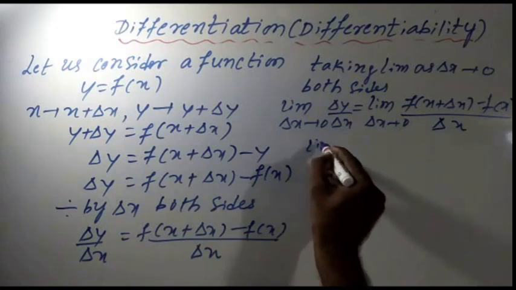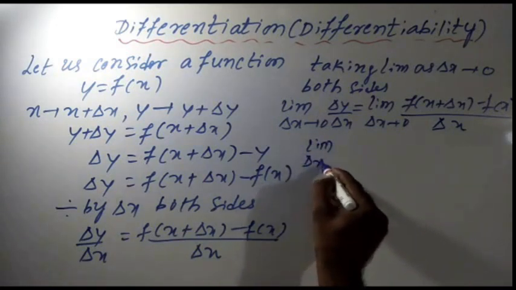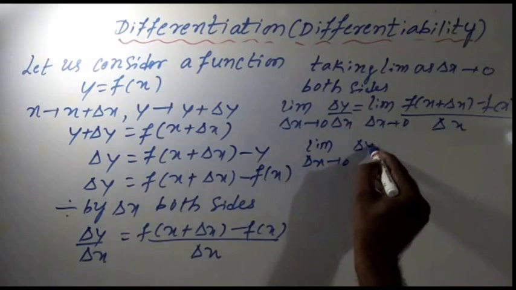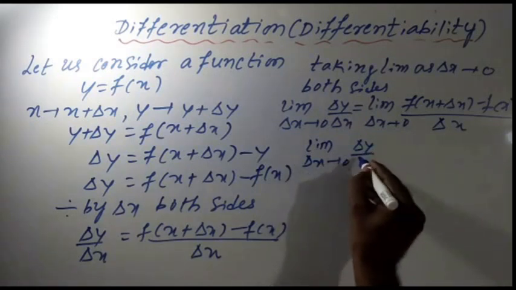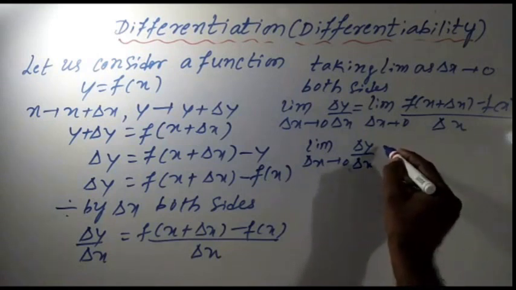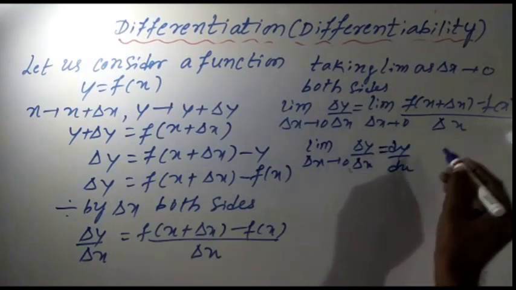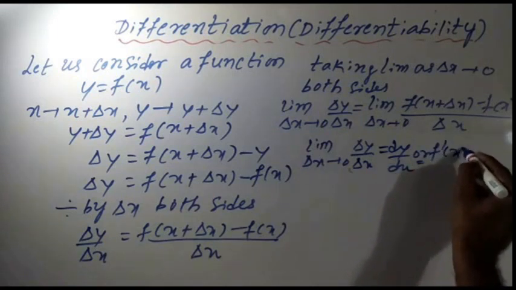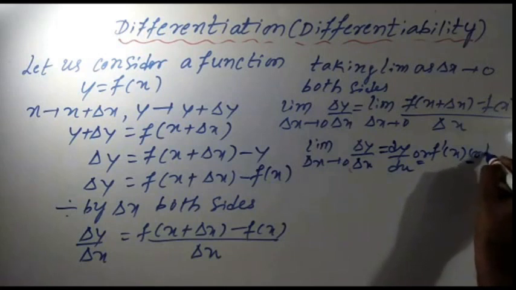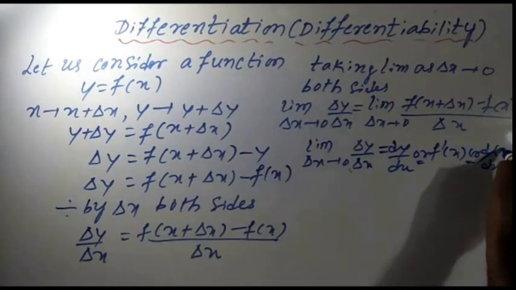Limit as delta x tends to 0, delta y by delta x is denoted by dy by dx or f dash of x or d by dx of y.